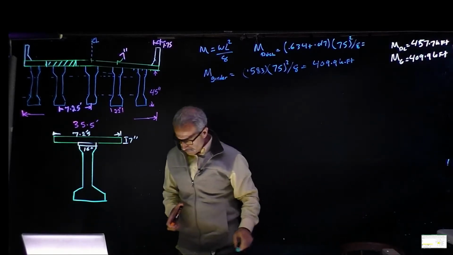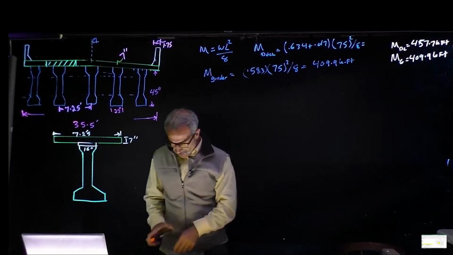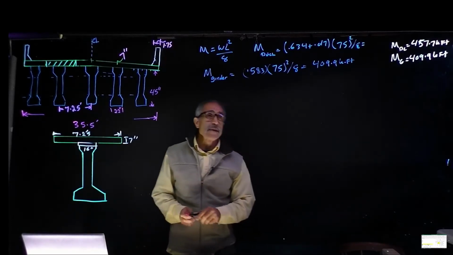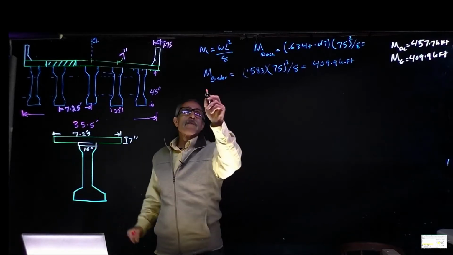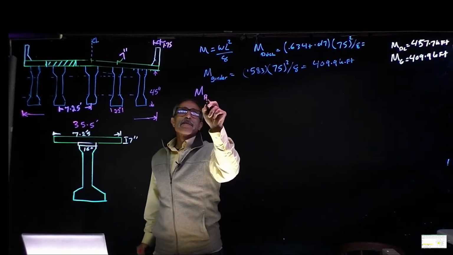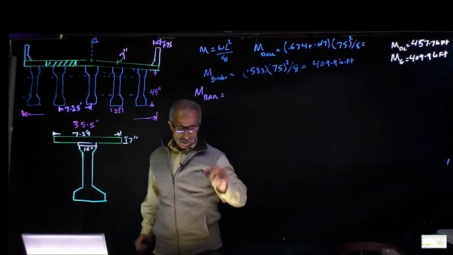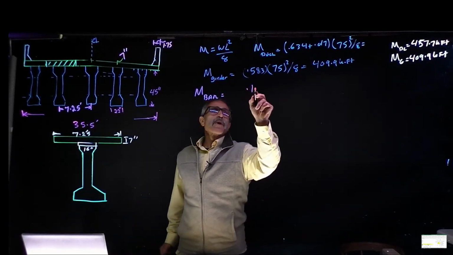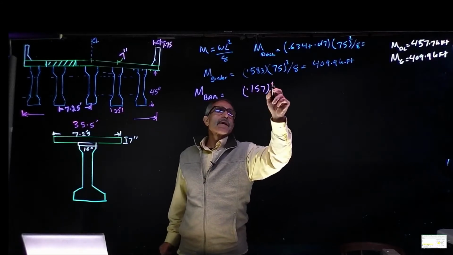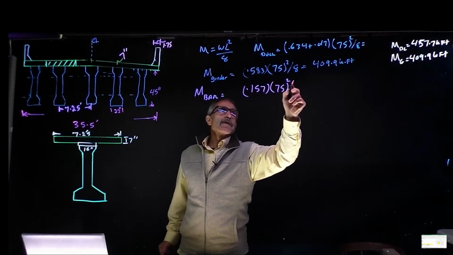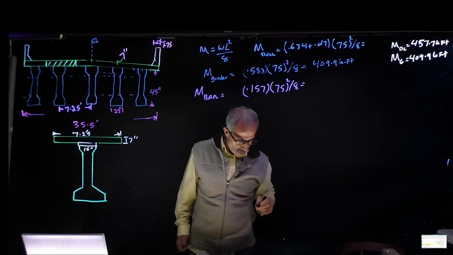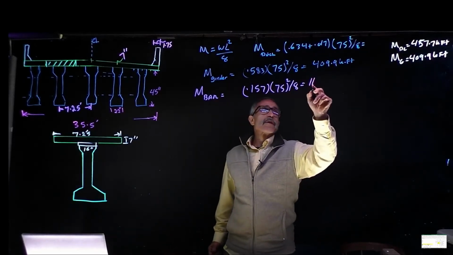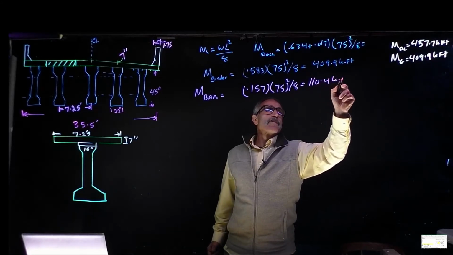Okay. The next one we're going to find is the barrier. So I'm going to go moment for the barrier. The barrier load came out to be 0.157 times L squared divided by 8, and that comes out to 110.4 kip foot.